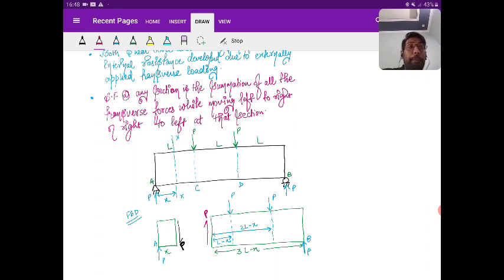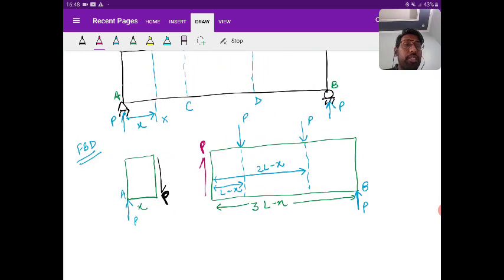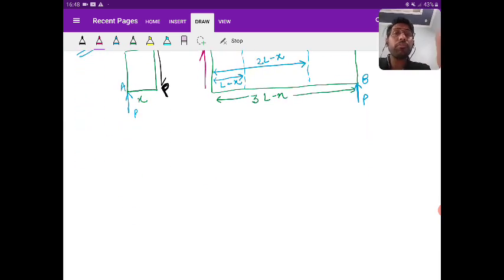To balance this couple, I'm going to let you understand about the bending moment at a section. So, see here, what is bending moment at a section?